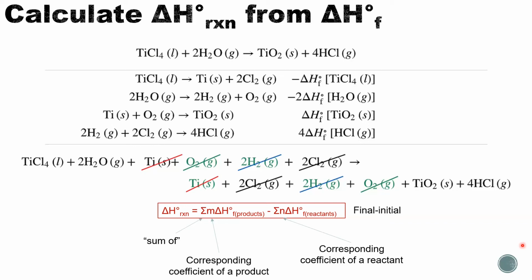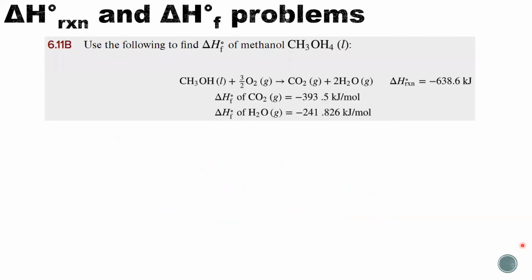Okay, so let's take a look at a related problem to calculate the standard enthalpy of reaction from standard heat of formation. Use the following to find the standard heat of formation of methanol in liquid phase. It gives you the reaction of methanol in liquid phase plus 3/2 of oxygen in gas phase to produce 1 CO2 in gas phase and 2 water in gas phase.